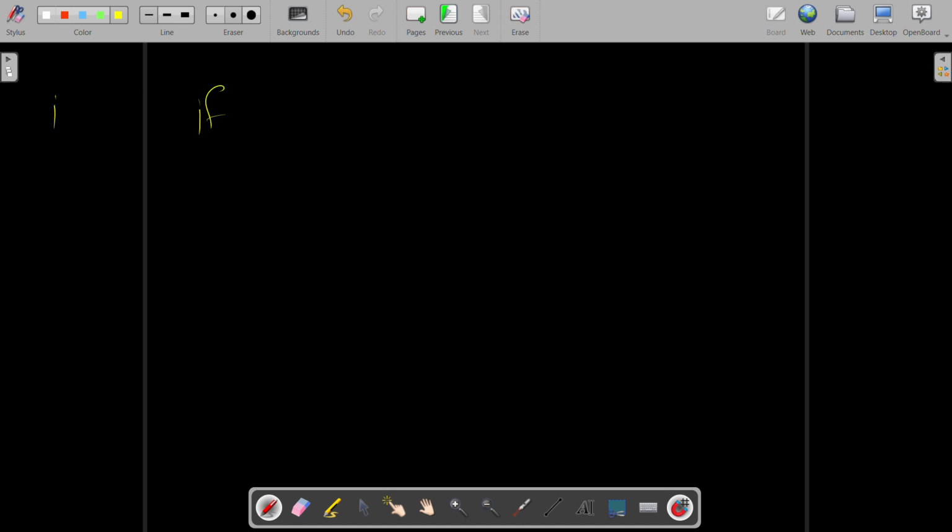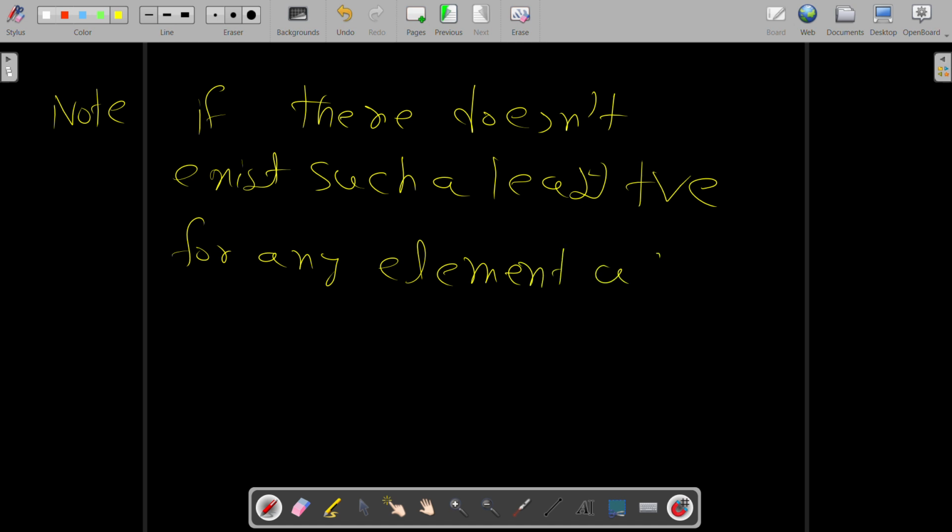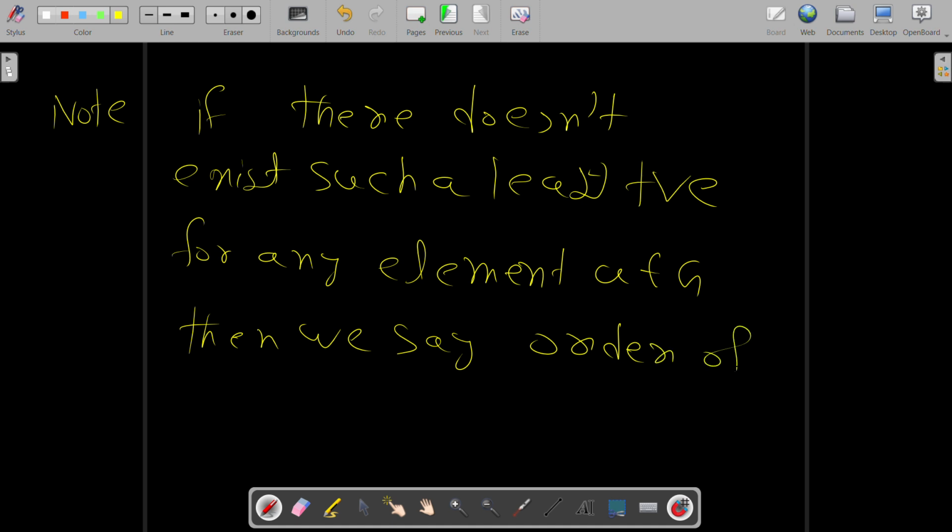Now, if there doesn't exist such a least positive integer for any element a belongs to G, then we say the order of a is infinite.